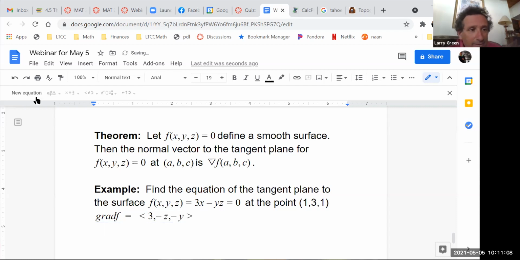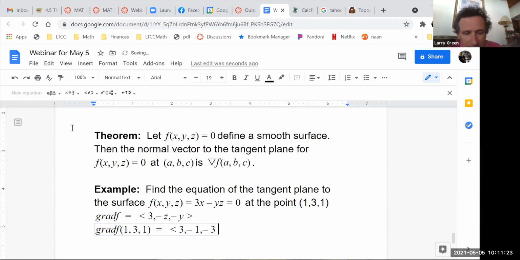And the gradient of f at the point (1, 3, 1), now just plug in, equals (3, negative 1, negative 3).